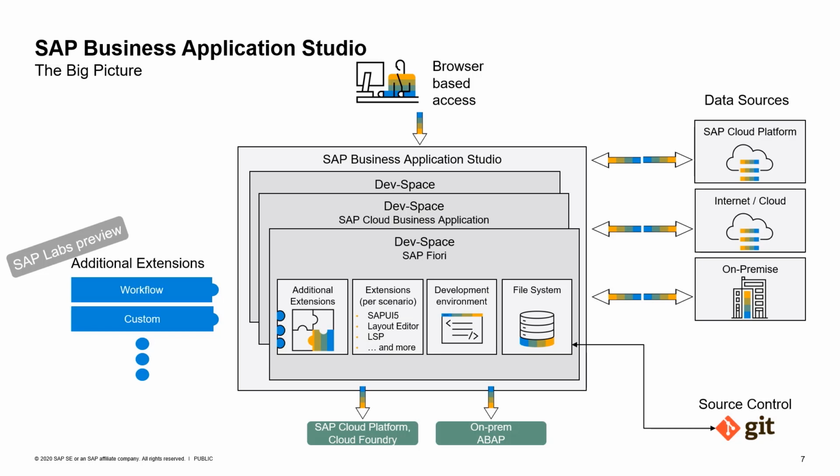App Studio can connect to various data sources, either on-premise or in the cloud, SAP and non-SAP. When the development is done, the app can be tested locally in the dev space for fast dev test cycles, and it can be easily prepackaged and deployed to the target runtime for testing in the actual runtime environment.